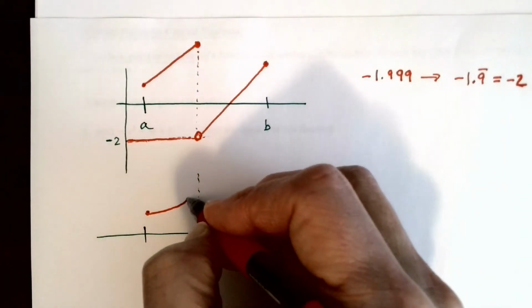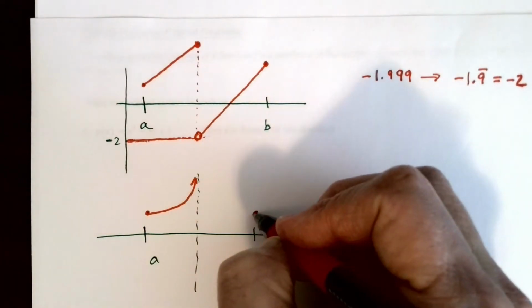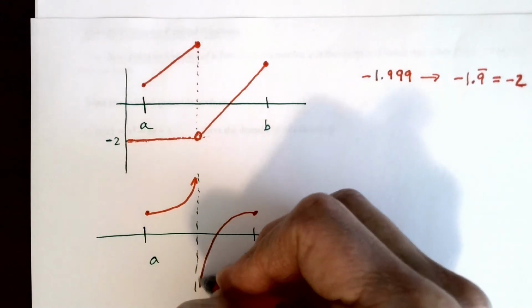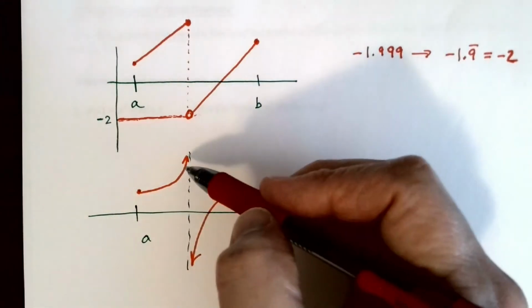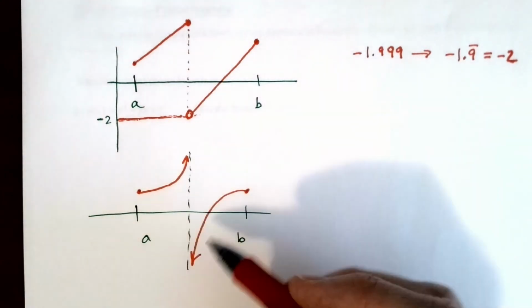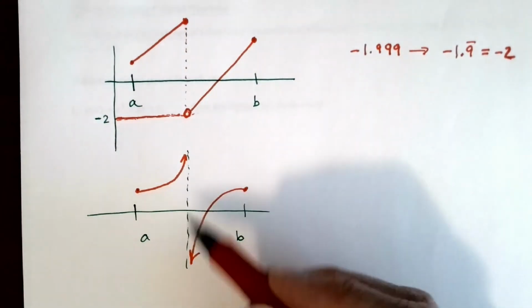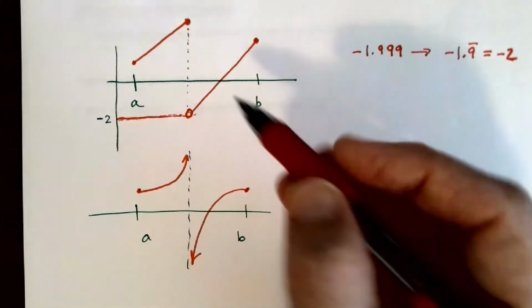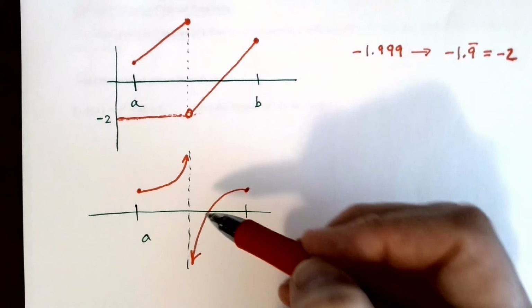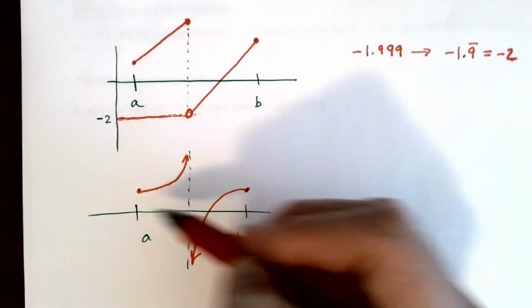And let's suppose we do this, and well, let's just bring it down this way. What the heck? Doesn't really matter which way we go. There's no maximum value, right? This continues to go up forever, approaching this vertical asymptote, and going down forever, approaching that vertical asymptote. And so there is no max or min. So up here we have a max, no min. Here we have neither max nor min on the closed interval.